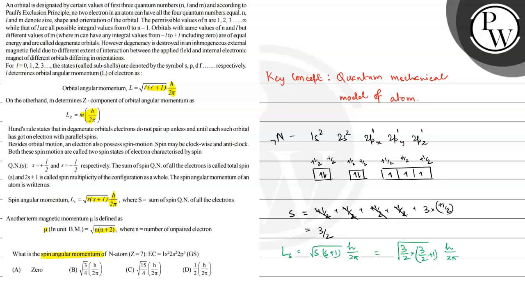So 3/2 multiplied by 5/2, square root multiplied by h over 2 pi. So this value Ls is equal to square root of 15/4 multiplied by h over 2 pi. So this is the spin angular momentum of nitrogen atom, and the correct option is option number C.